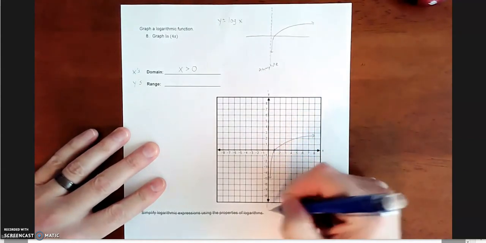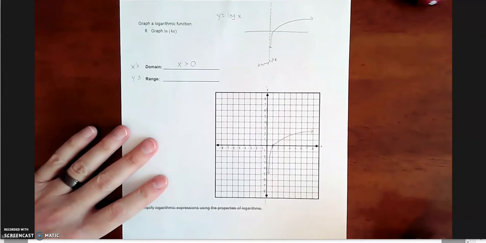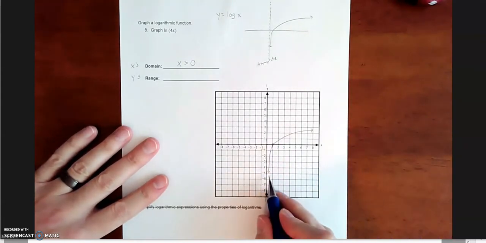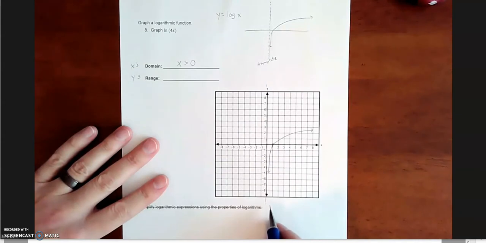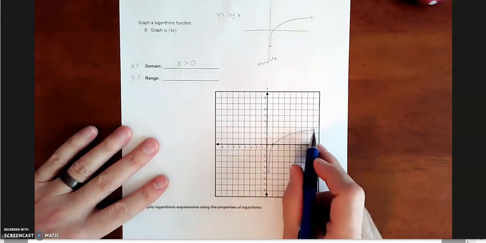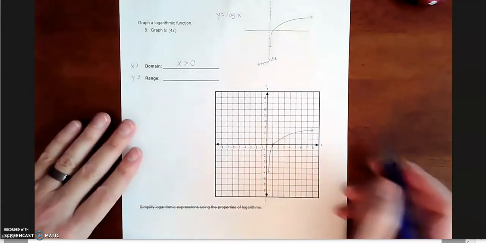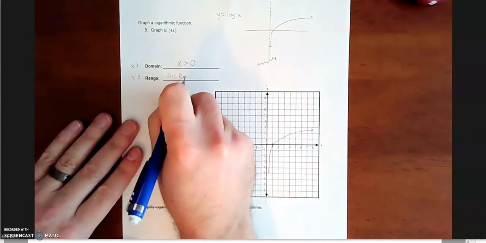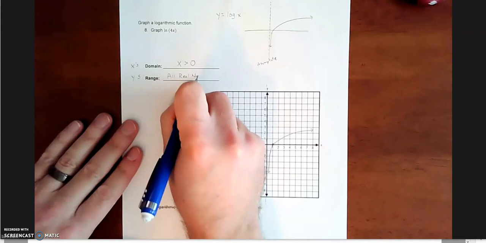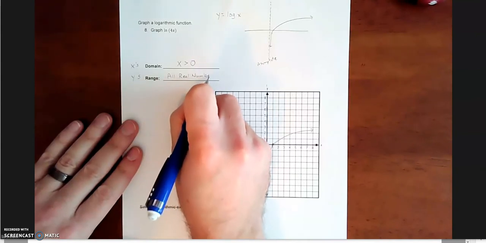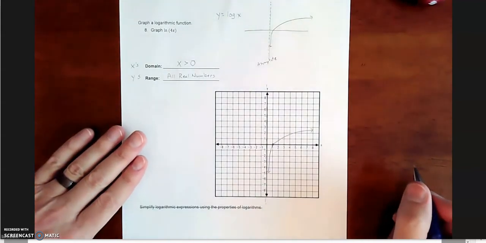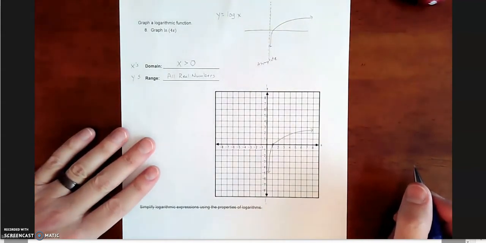This graph does go down forever, so it covers all the y values down below, and it does go up forever, but just at a very, very slow rate. So the range is all real numbers. It covers fractions, decimals, positives, negatives, square roots, cube roots, pi, anything.